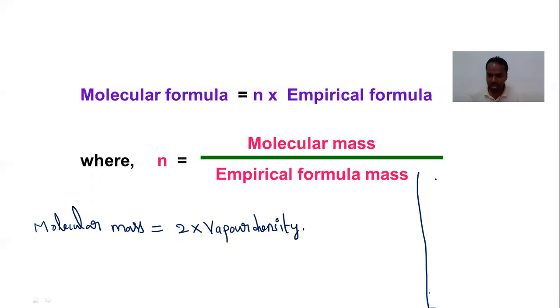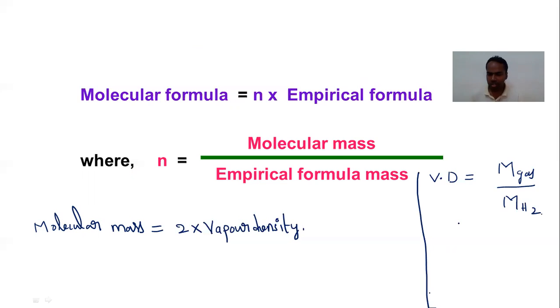VD indicates vapor density. How can you define the vapor density formula? Vapor density is the mass of gas, here meaning the molecular mass of gas, divided by the mass of hydrogen.